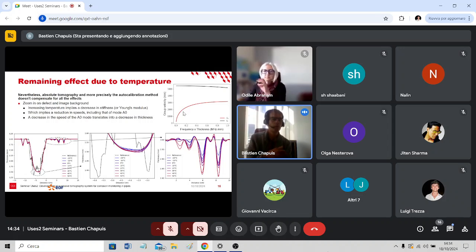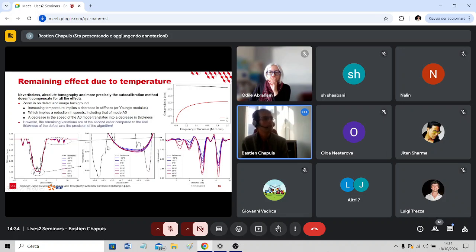Here we have not measured the temperature, so we have used the dispersion curve at 20 degrees for each cross section here. We probably could use the right dispersion curves in order to better compensate this small variation. But in practice, this is really of the second order compared to the real thickness of the defect. So it's not necessary.